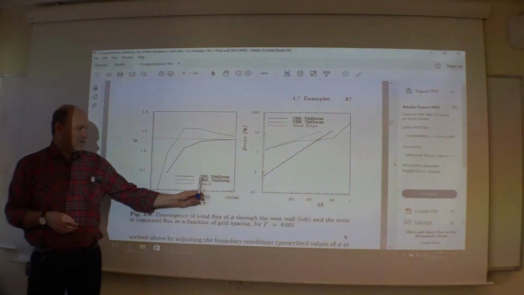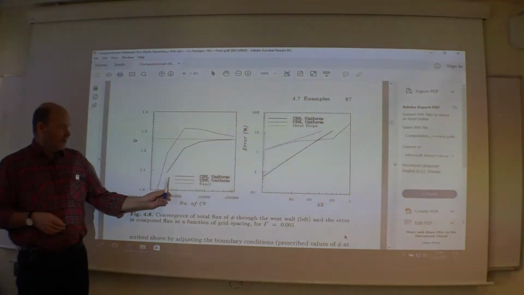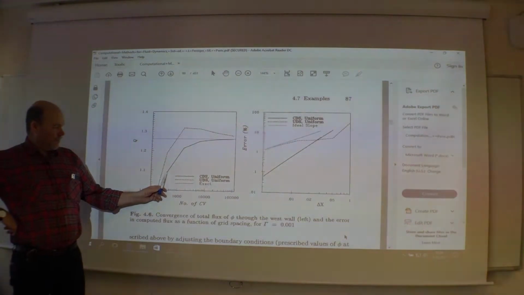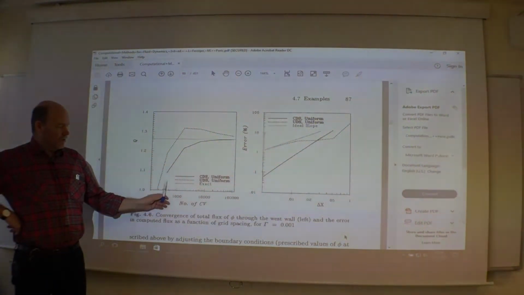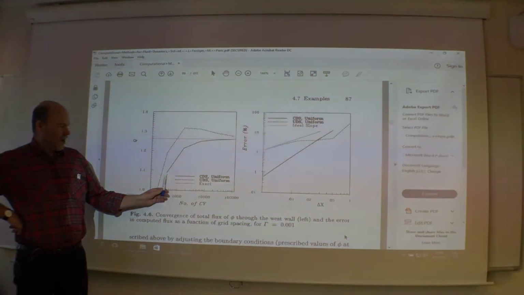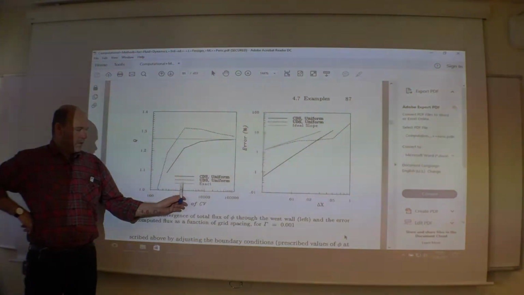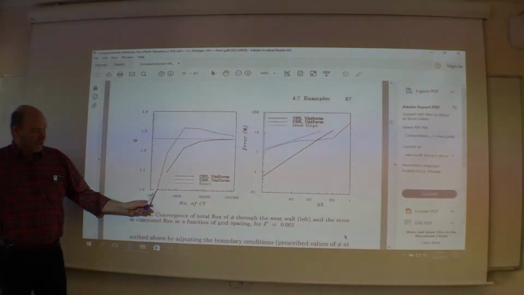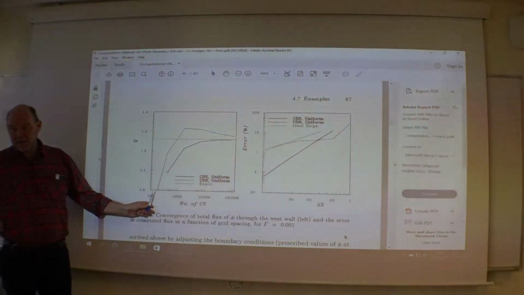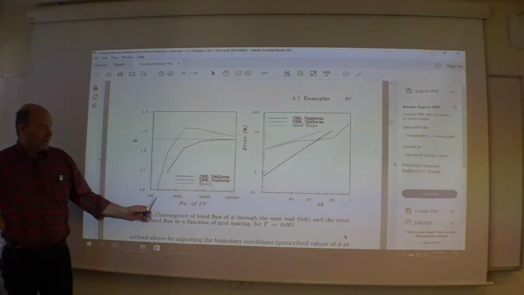For the central scheme, you have a certain minimum amount of cells that you have to use to obtain a solution. For the upwind scheme, the dotted line, you could have very few cells and still obtain a solution, since it is so stable. But the error then is very big indeed.